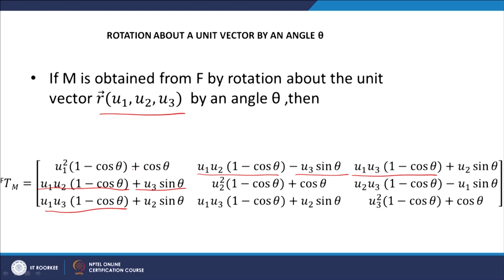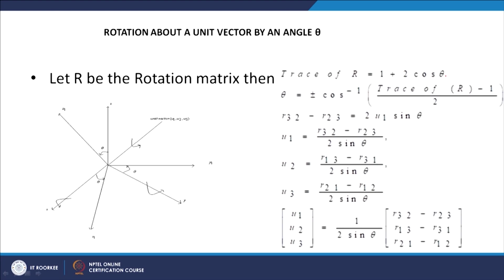For that it will be very useful. The trace of the matrix can be seen from adding the diagonal entries. u1 square plus u2 square plus u3 square is 1, and here you can get minus cos theta as a common factor, plus 3 cos theta. So by adding all these 3 we will get 1 plus 2 cos theta.